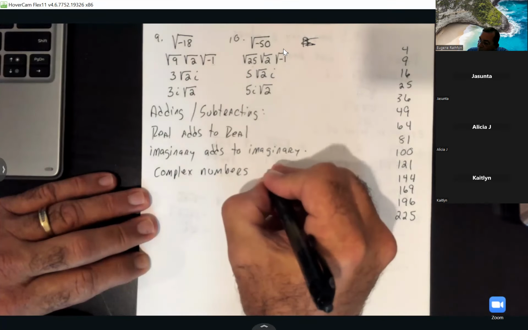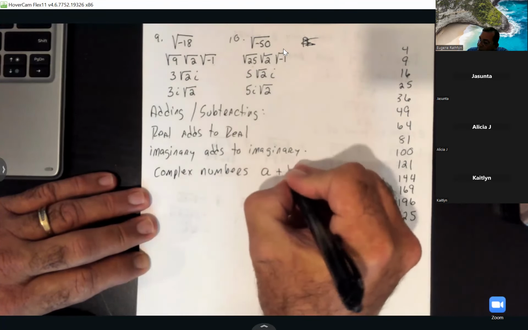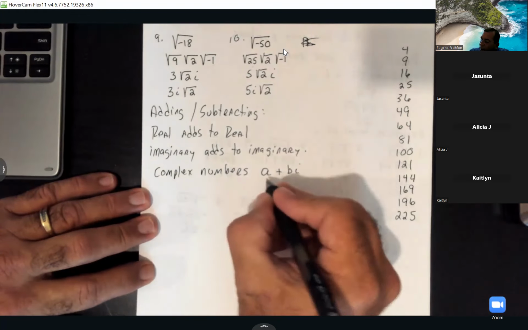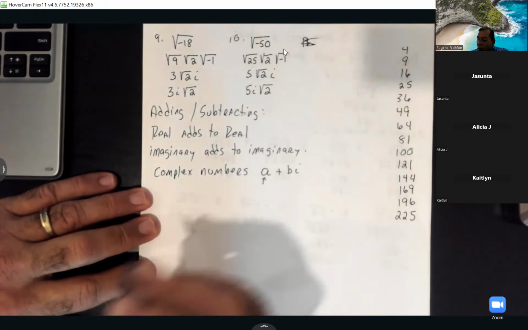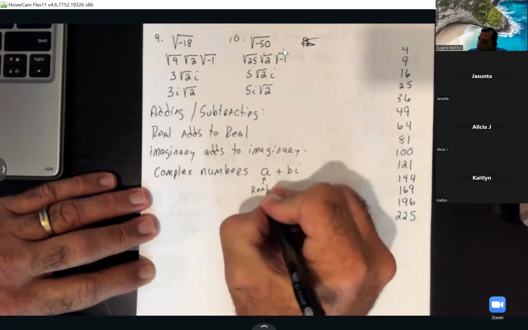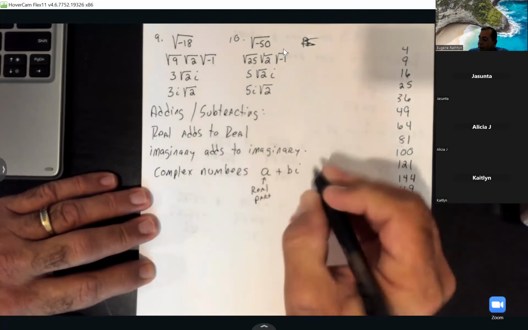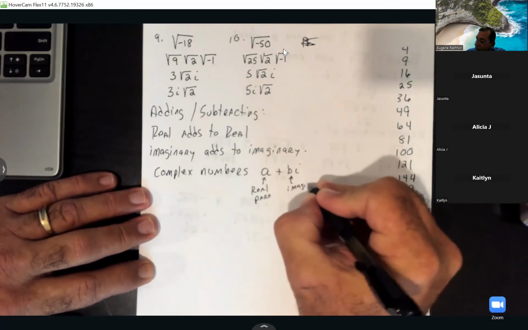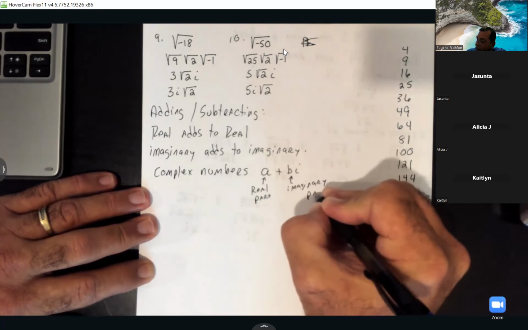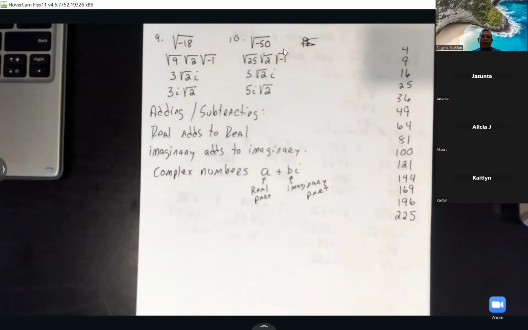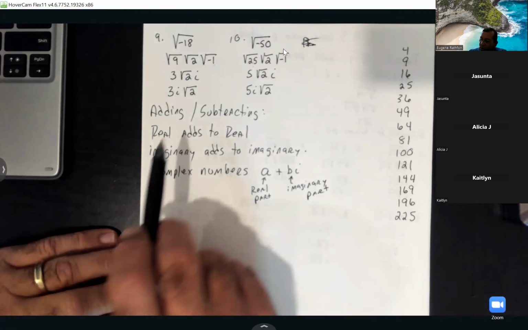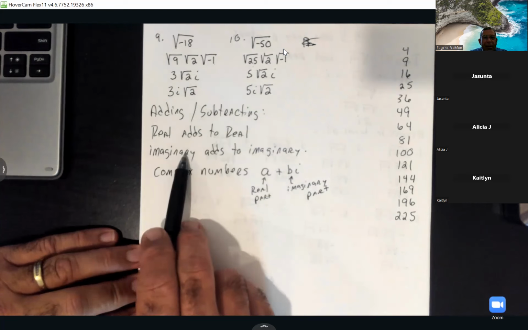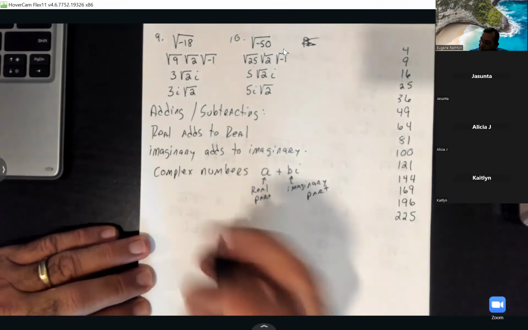Complex numbers come in the form of a plus bi. a is the real part. This bi is what we call the imaginary part. Okay? So we usually put these in parentheses when we're doing operations on them. But just remember, real numbers add to real numbers, imaginary numbers add to imaginary numbers.